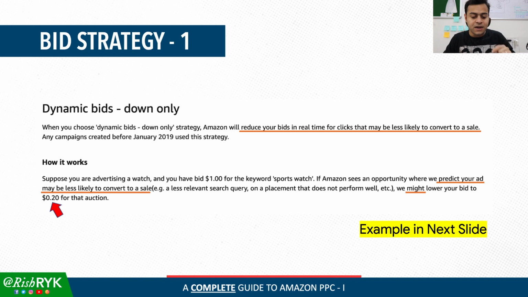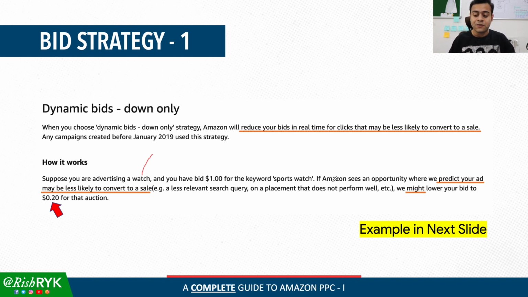Basically they're giving an example of a sports watch. Let's say you have set a bid of $1 for the keyword sports watch.